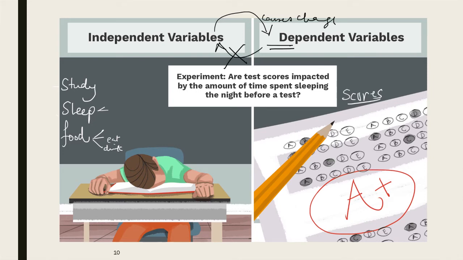So time spent on studies is the independent variable and the test score is the dependent variable, right? So the independent variable can be manipulated by the researcher. The dependent variable is the response to that manipulation. Okay. Now the independent variable is the presumed cause and the dependent variable is the presumed effect.